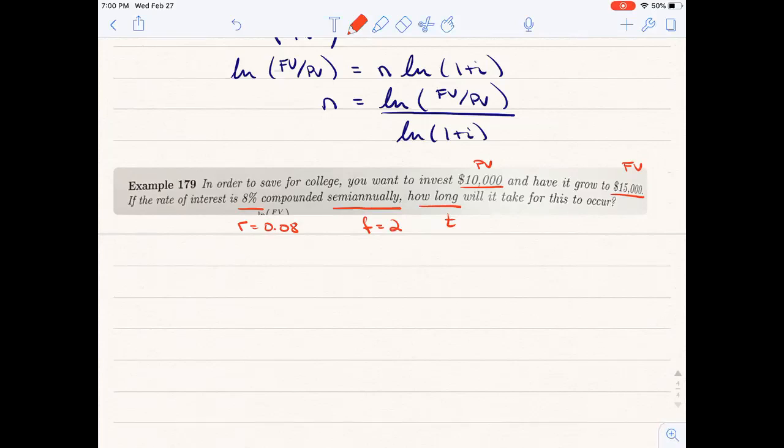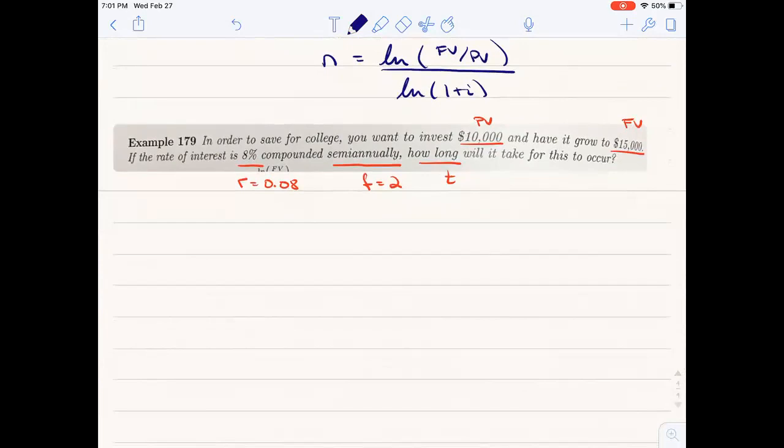And again, even though it's kind of a simple thing, you invest some money and it grows to some amount, I'm still going to do a timeline just to make sense of it all. So we've got here, let's make this today.